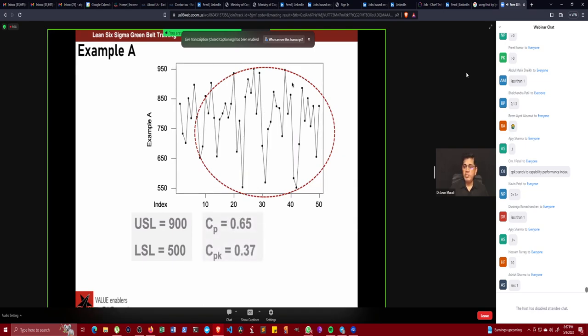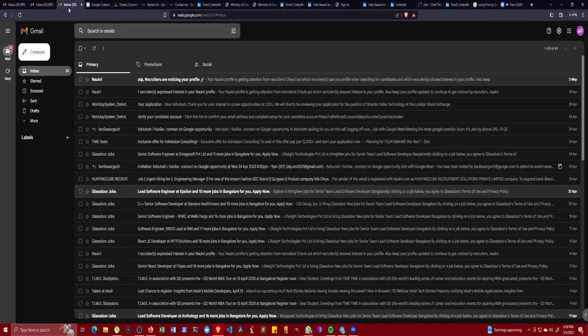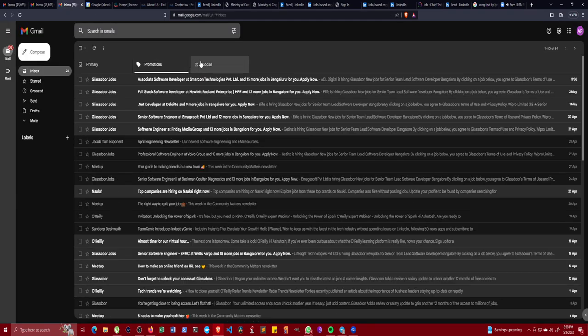Here, if this is a sort of variation, the CP, CPK, PP, PPK might be the same because the overall process is equal to the localized process, because it seems to be the same pattern here. So it is possible that CP and PP are same and CPK and PPK are same.